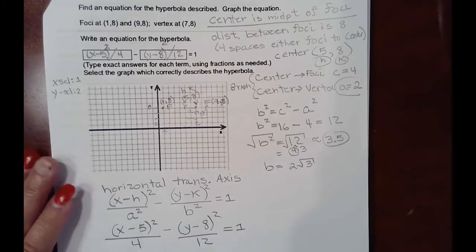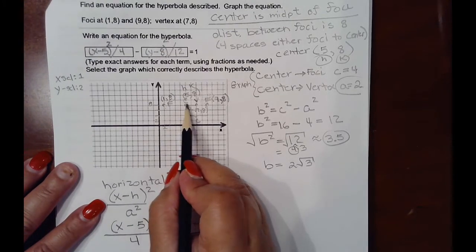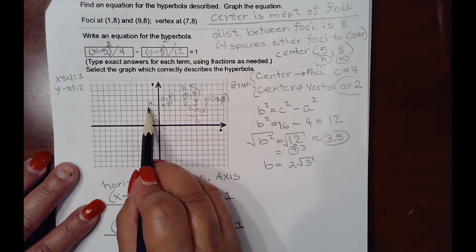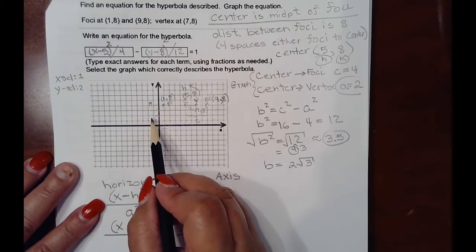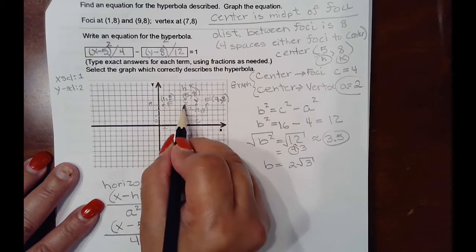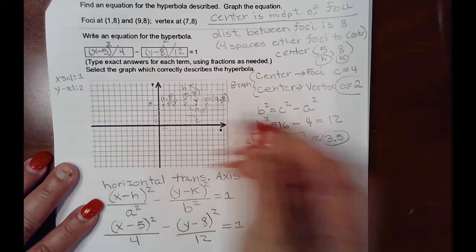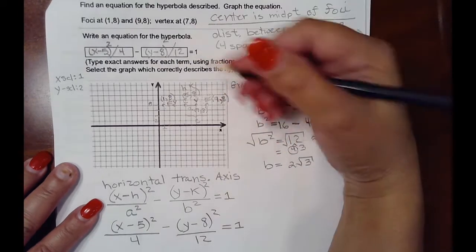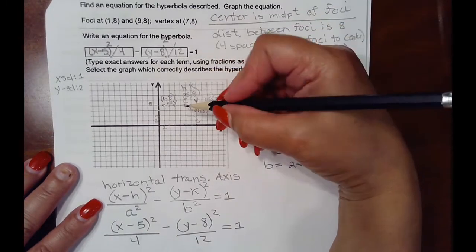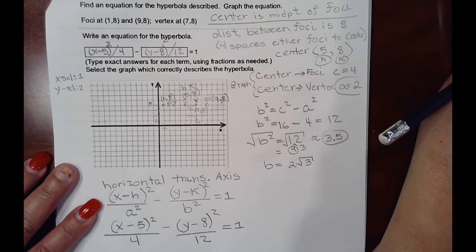If you want to complete the graph, then, well, we already know our a value is this way, so that'll help us do the sides of our box. If we move 2 units this way to get to one vertex, then it's 2 units to get to the other vertex. Okay, and then if we're going to know how high and how low to go, then that's a matter of what the b value is.